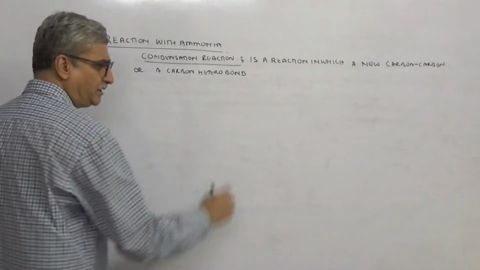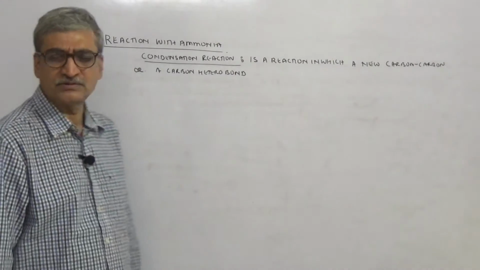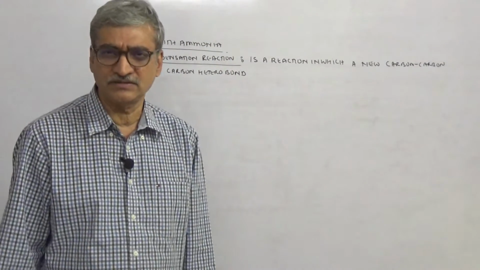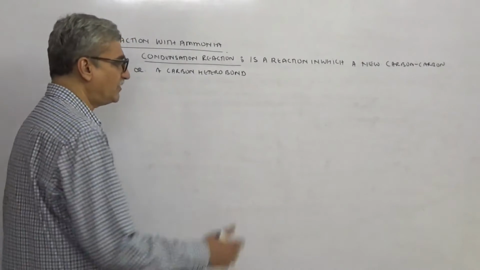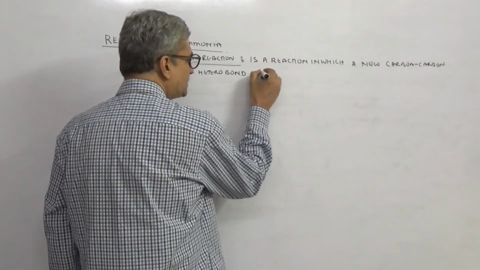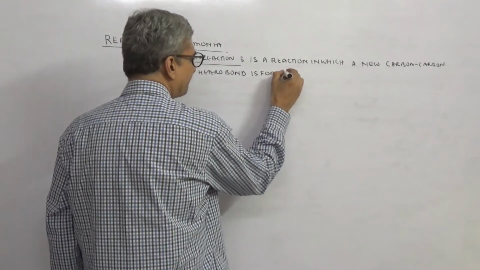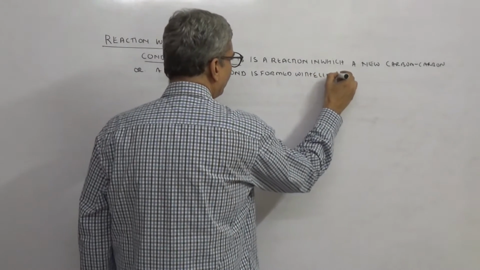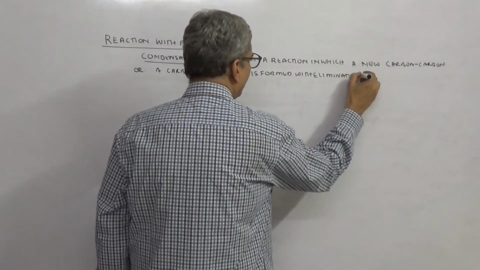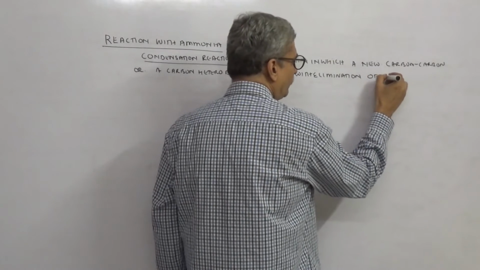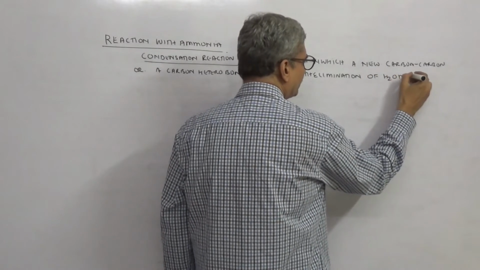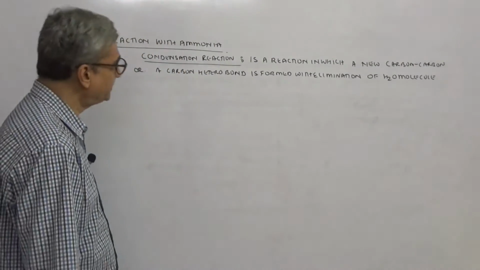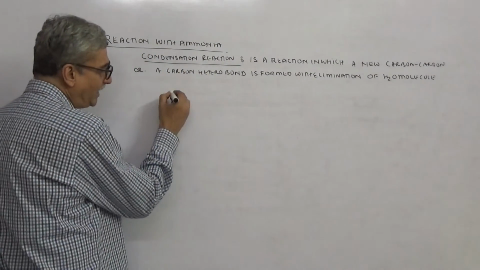What is a hetero bond? Hetero means nitrogen, sulfur, phosphorus. These are heteroatoms. Carbon-sulfur, carbon-nitrogen, carbon-phosphorus bonds are formed with elimination of a water molecule. Is this clear?